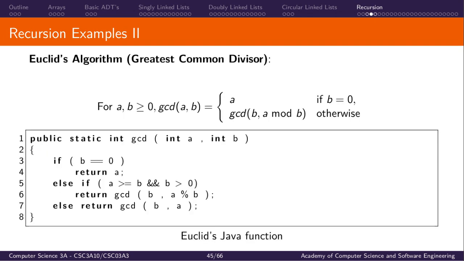Then we were looking at examples of recursive functions. We looked at Euclid's algorithm for finding a greatest common divisor. We saw that it does indeed work. And the implementation that we have here does one thing extra, right?